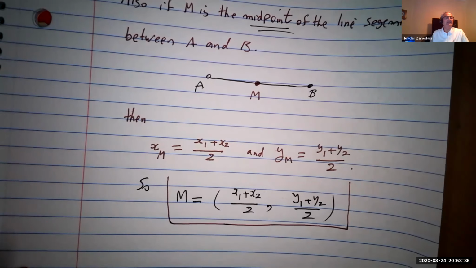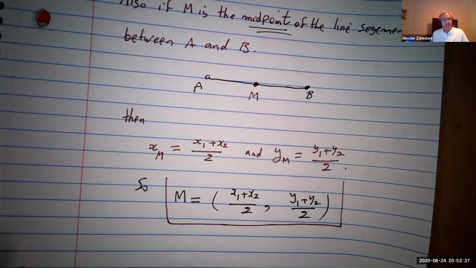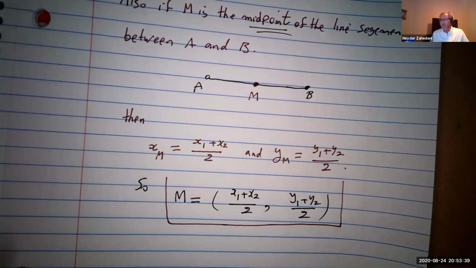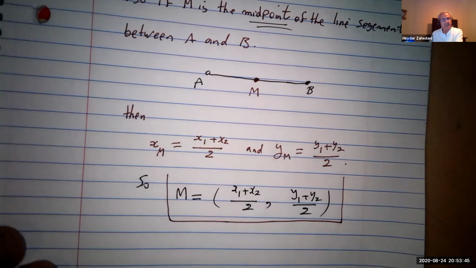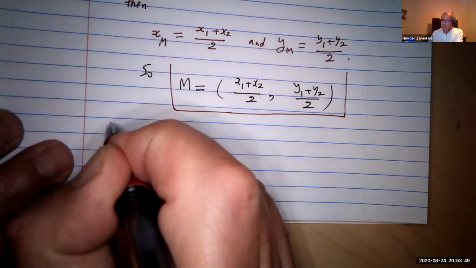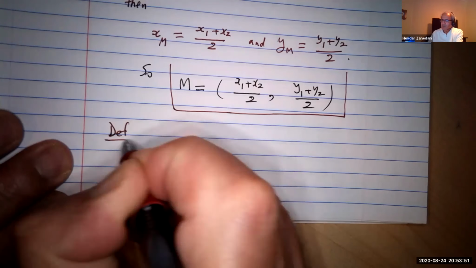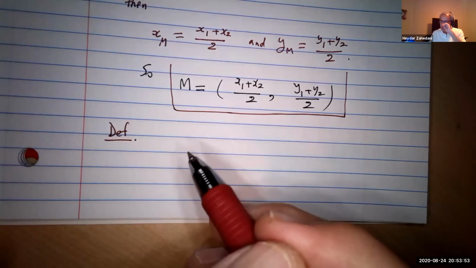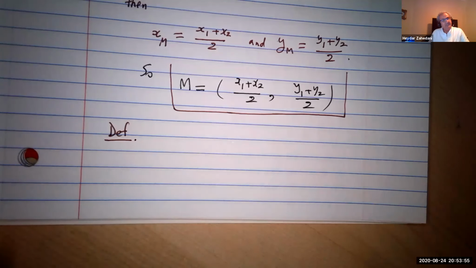Now we can get back to the definition of a circle. Now we have these two ideas, okay? So what's the definition of a circle? Are you ready? You know that a circle is a collection of points that are a fixed distance from a fixed point.